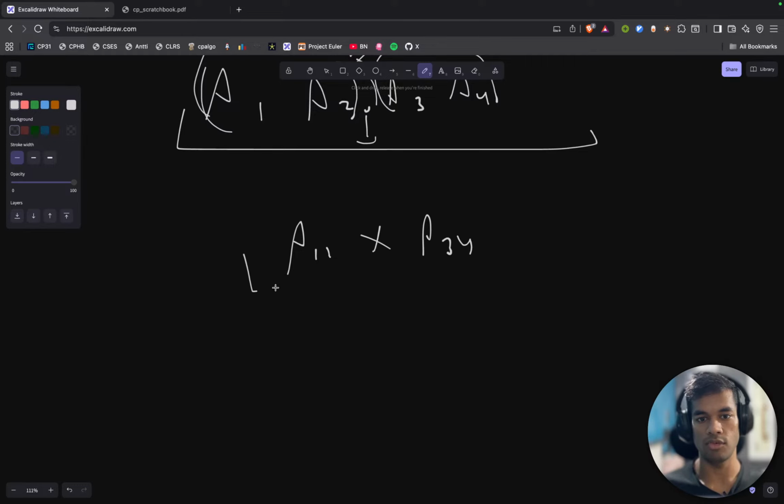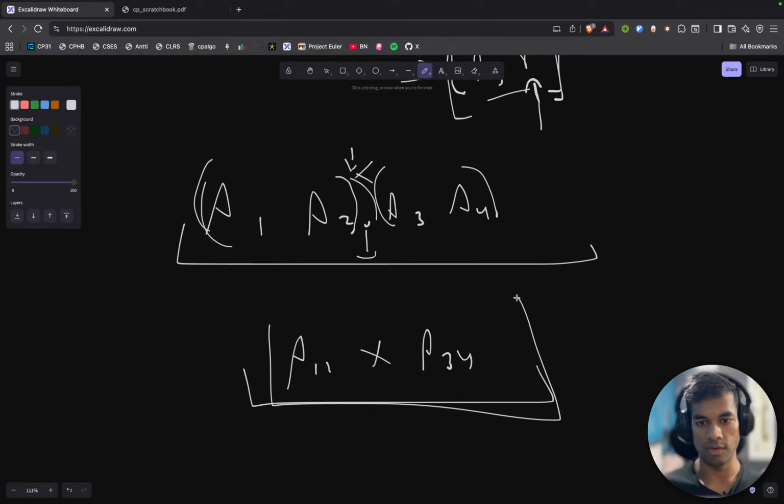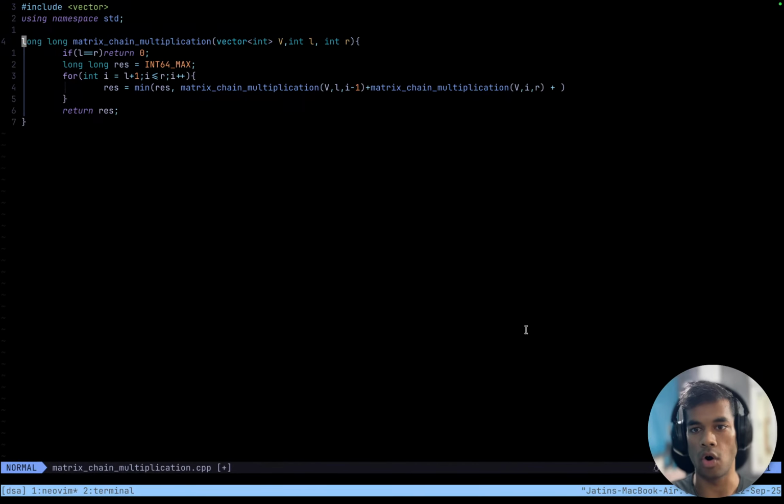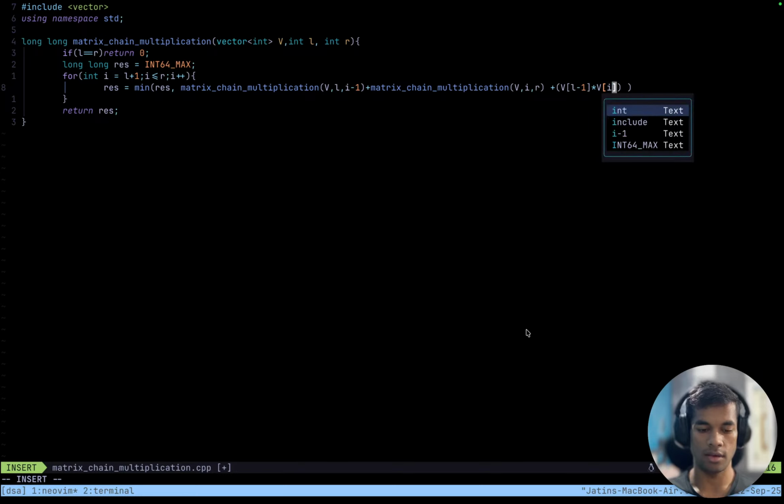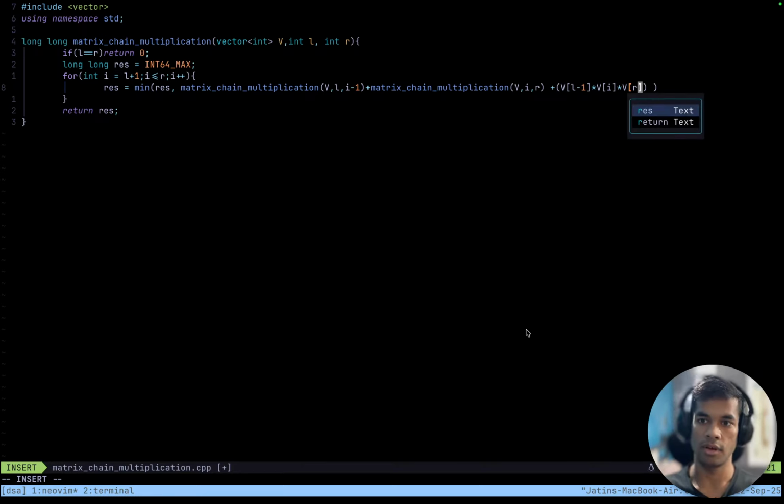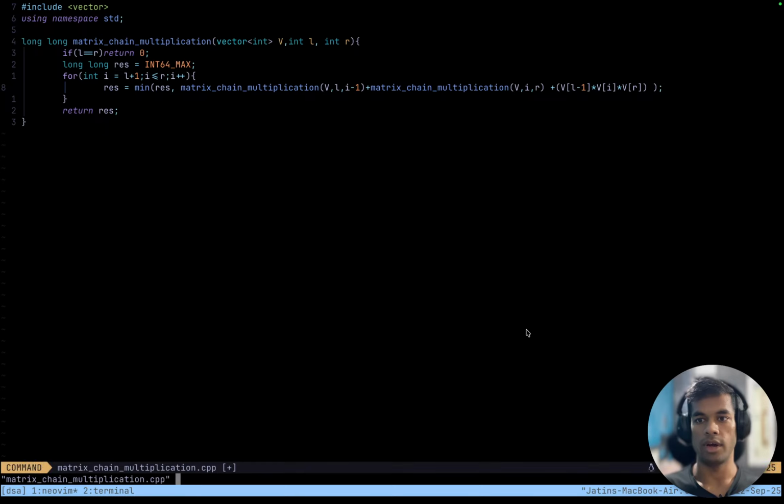When we multiply these two matrices, then also we will have to perform some scalar multiplications. And that cost of scalar multiplications is going to be V[L minus 1] into V[I] into V[R]. And that is correct. Yes, that is how it is going to be.